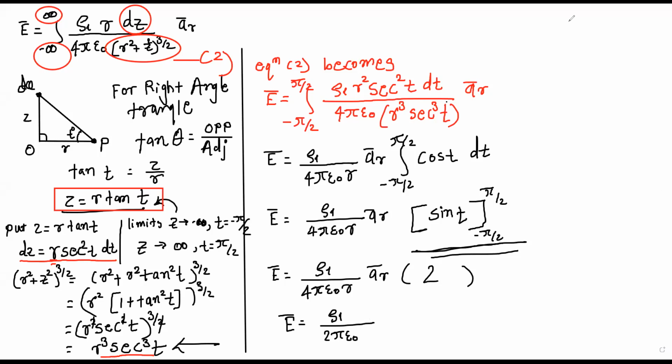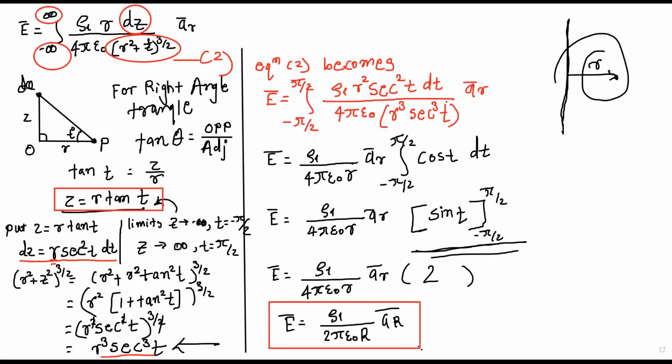So we have taken the line charge placed on z axis, and the point is separated at a distance small r, and then we have analyzed this. So this is a specified case. Here we can generalize this equation. In general, I will replace this as capital R, a bar R. This is the final expression for electric field intensity due to infinite line charge.